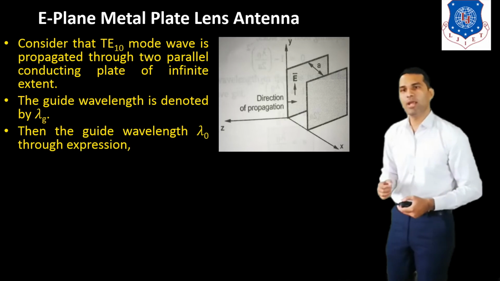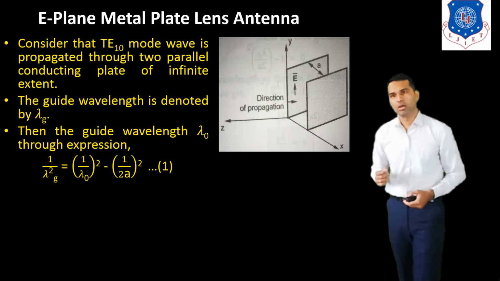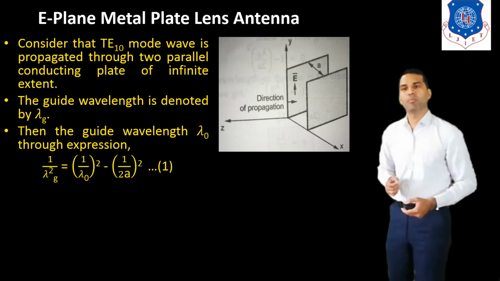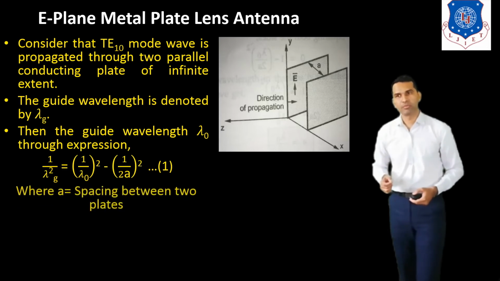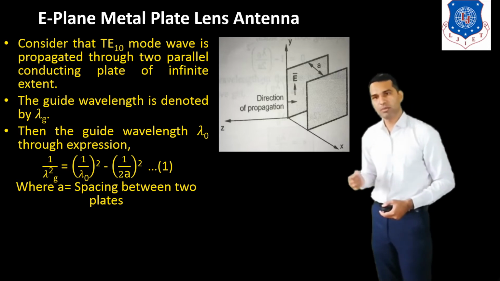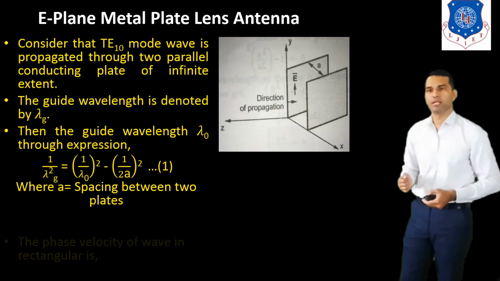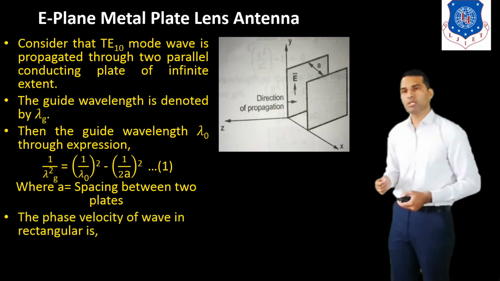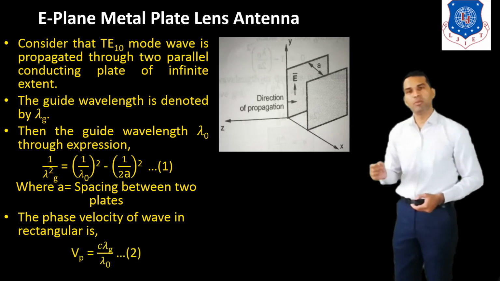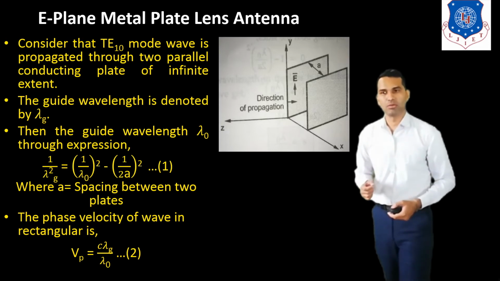Then the guide wavelength is given by the expression 1 upon lambda g square equals 1 upon lambda 0 square minus 1 upon 2a square, where a is the spacing between the two plates. The phase velocity of the wave in the rectangular guide is given by Vp equals C lambda g upon lambda 0.